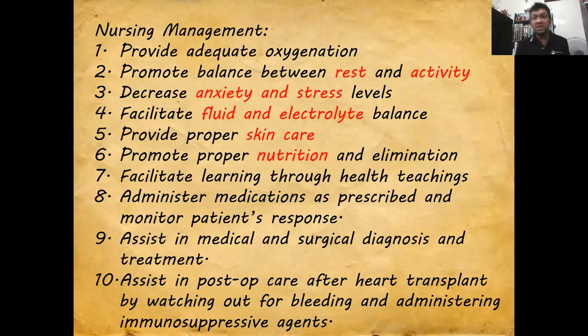Now, one of our patient teachings in a patient who's taking immunosuppressive agents is that these agents will help prevent rejection of the transplanted heart, because the body is going to detect that this is something foreign. The heart is foreign. So the tendency is for the body's immune system to attack the foreign heart. In order to stop that from happening, we are going to administer immunosuppressive agents.